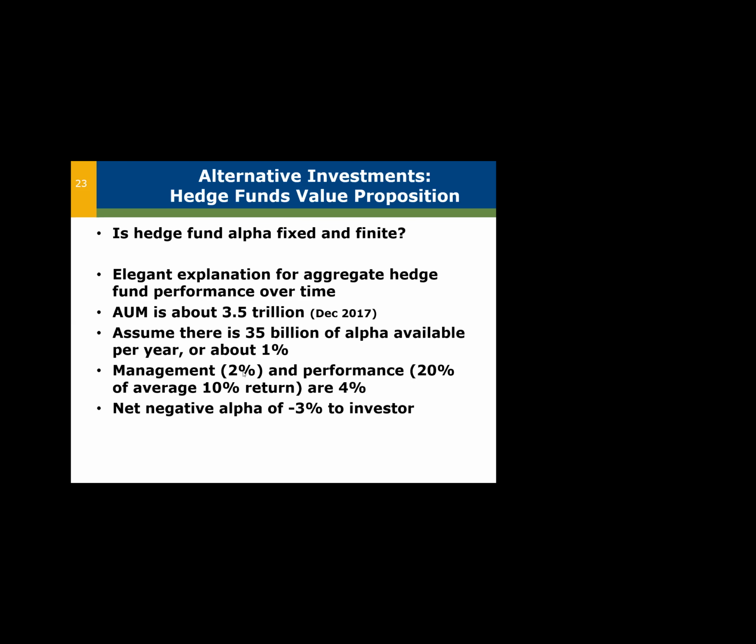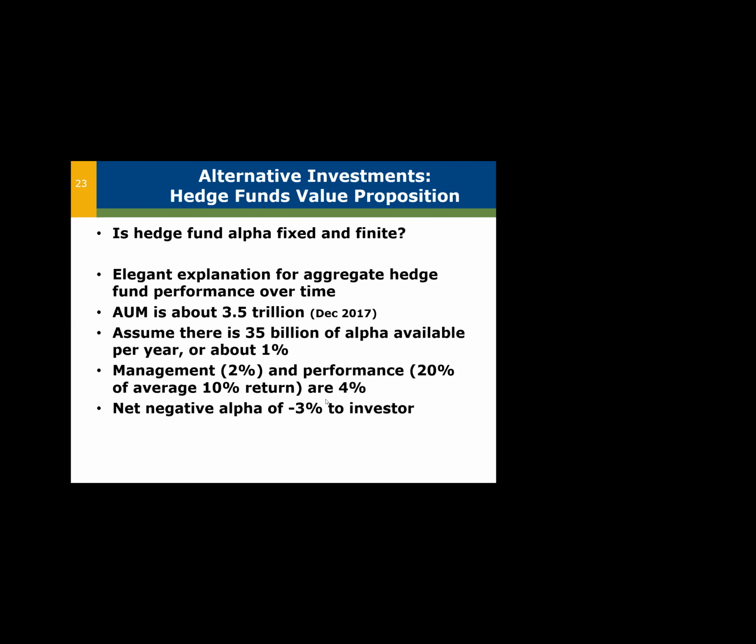But remember, there's a 2% management fee. And so some of those managers will manage to do well and earn a performance fee, and they may be doing that by blending in beta with the alpha. It could be that they're just genuinely skilled, but for every genuinely skilled manager, there's probably offsetting managers that are losing money.